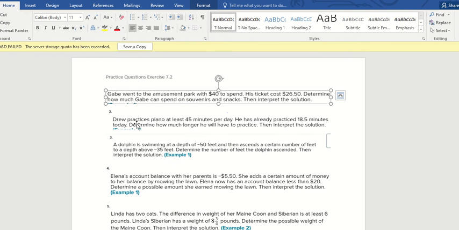Okay, the next is number 2. Drew practices piano at least 45 minutes per day. This phrase, at least, is very important. If I give you 100 dirhams and say you can at least spend 50, what does it mean?